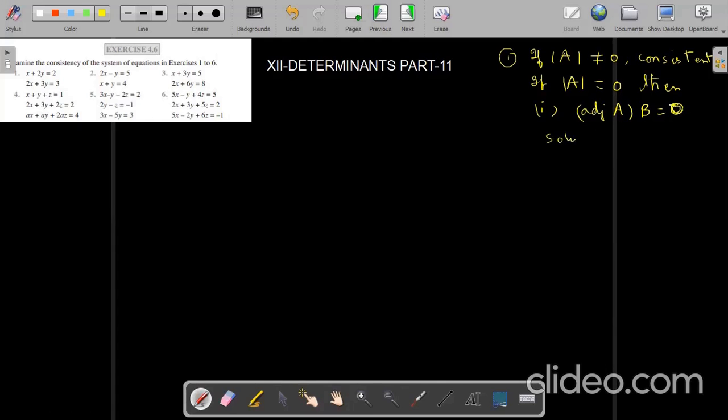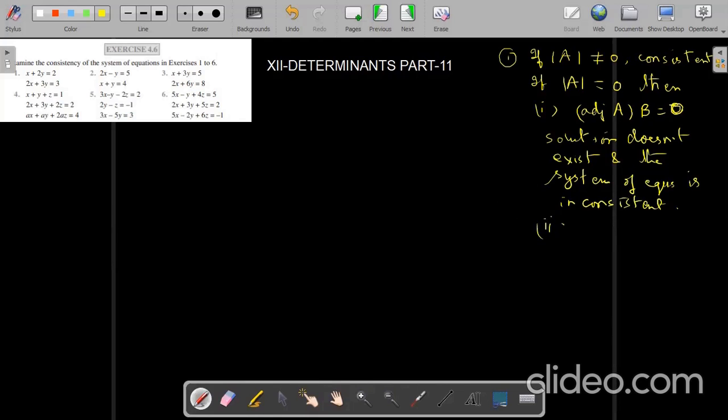Then its solution does not exist. When its solution does not exist, that means the system of equations is inconsistent, or an inconsistent system of equations.